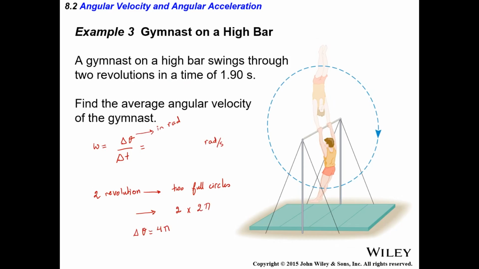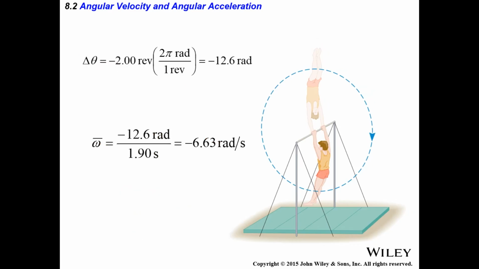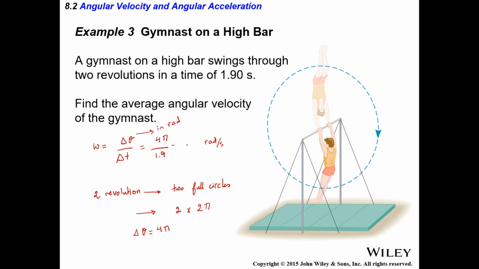The rest is very straightforward. I'll put 4 pi divided by 1.9 and calculate omega. As I told you, on the calculator I will put pi as just pi, which is 3.14. So you can find here the final answer, 6.63.